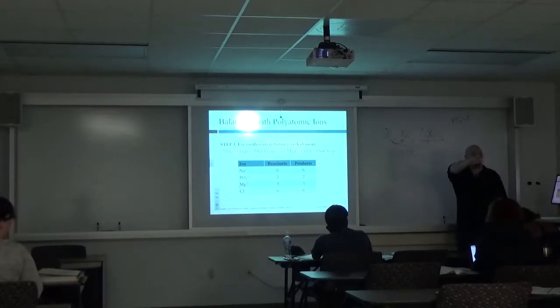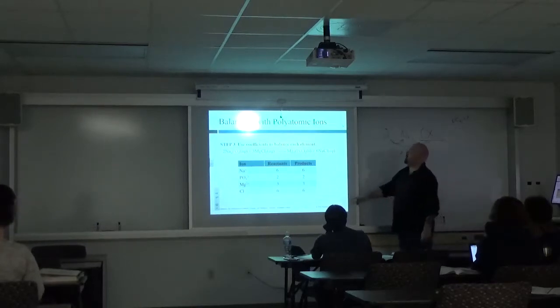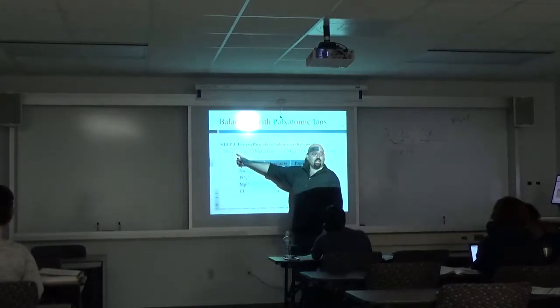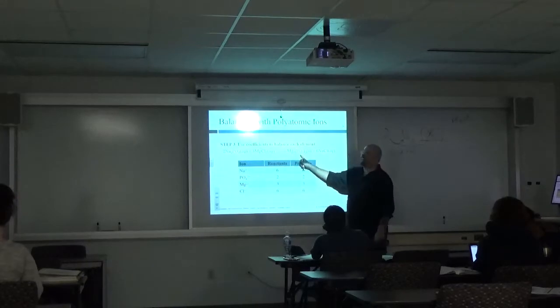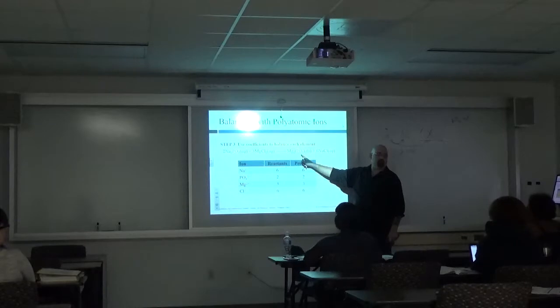Now, this would be different. This would get much harder if we were going from phosphate to phosphite. What would that be? Instead of PO4, it would be PO3. Now, all of a sudden, we got to start worrying about oxygens, and it's still not that much harder because it's just phosphate plus oxygen or minus oxygen.